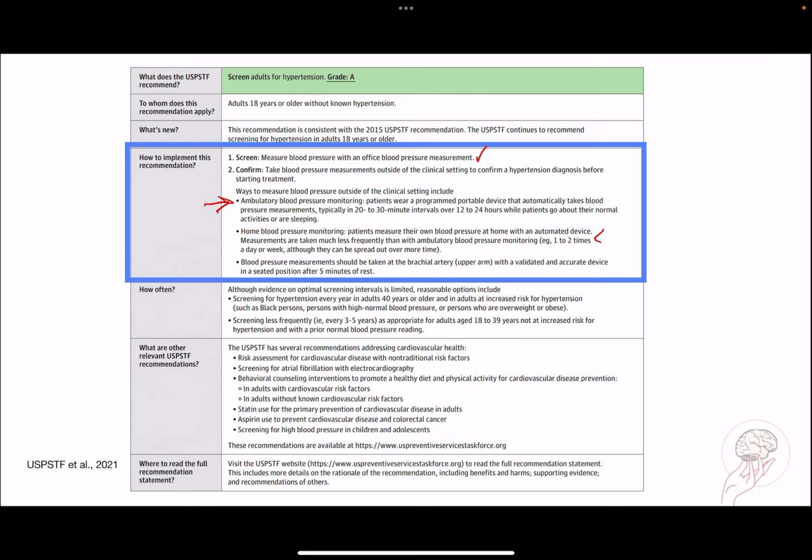People may have a home blood pressure monitor. But it is important that blood pressure measurements should be taken at the brachial artery in the upper arm with a validated and accurate device in the seated position after at least 5 minutes of rest. And the optimal screening is every year for adults 40 years and older, and every 3 to 5 years for adults 18 to 39.